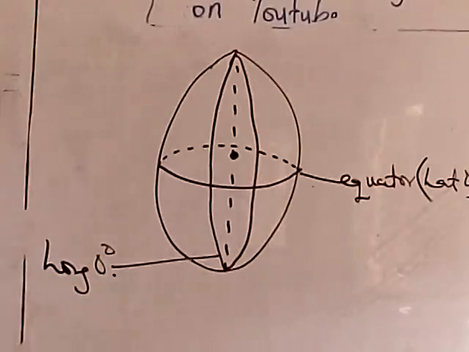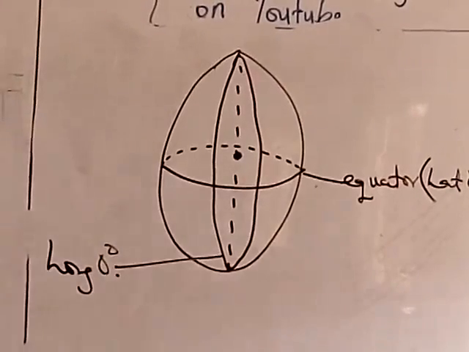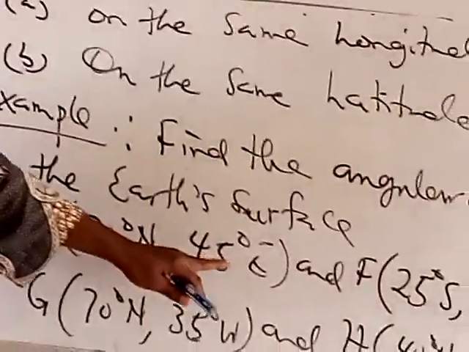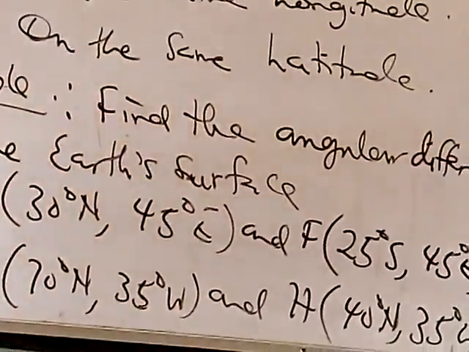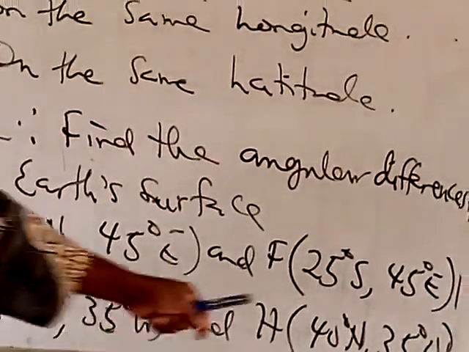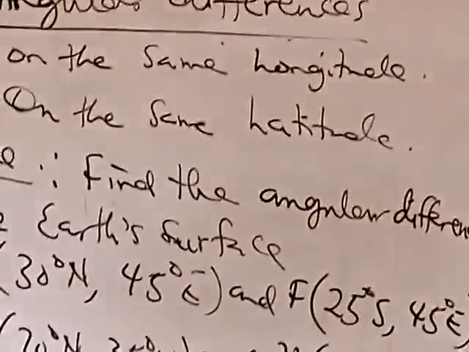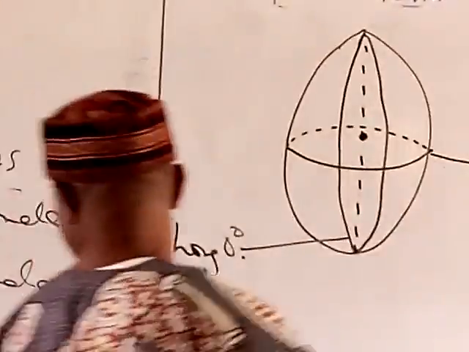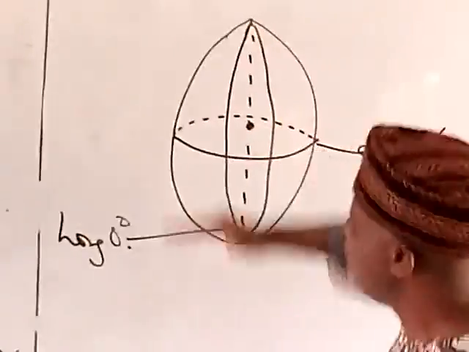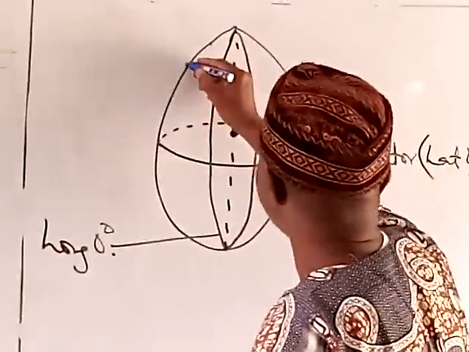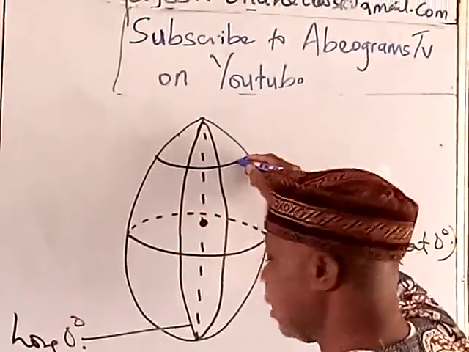Now, when you have this, you have to find the angular difference on the earth surface between E 30° north, 45° east, and F 25° south and 45° east. Do the normal thing. You draw it. That is 30° north.